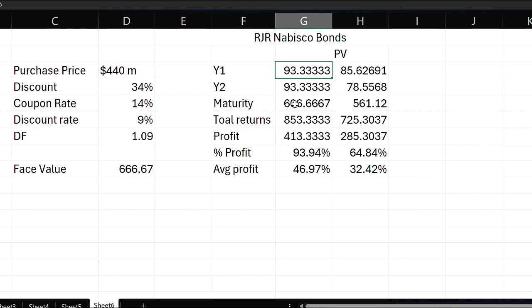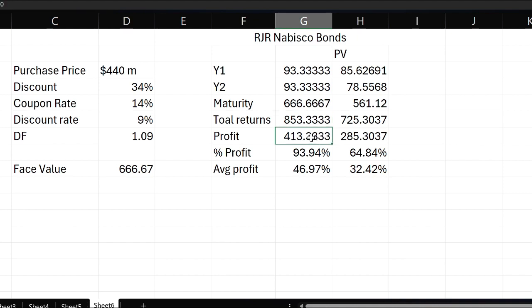So at maturity, what he will be getting is both years' interest amount plus the face value of the amount, not the invested amount. The invested amount, the purchase price, is immaterial. If you add all three together, you'll get the total returns, which is 853.33 million.